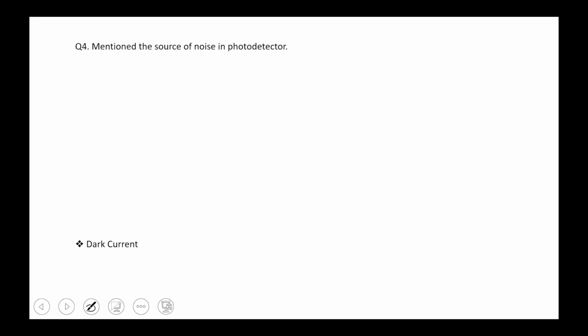So mention the source of noise in the photodetector. Anyone can explain what is the source of noise in a photodetector? What type of noise is in the photodetector?